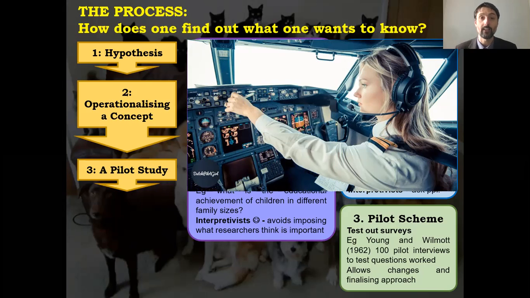They did 100 pilot interviews before they began, basically just making sure that people understood what was meant by the questions they were asking, and that the answers they were getting approximated what they were trying to understand with the question. Because if they didn't, then the question was at fault. They needed to change the question and tweak it to make sure that they got what they needed. So for their interviews, they tested with 100 people just to find out what people actually said and understood by those different terms.